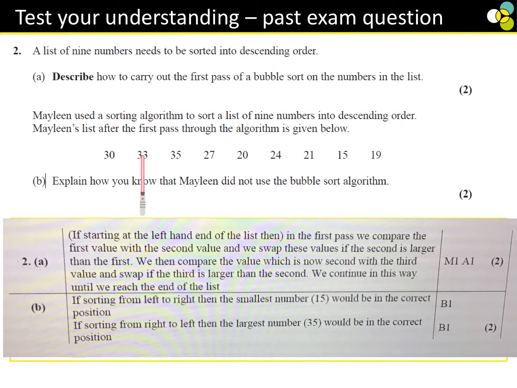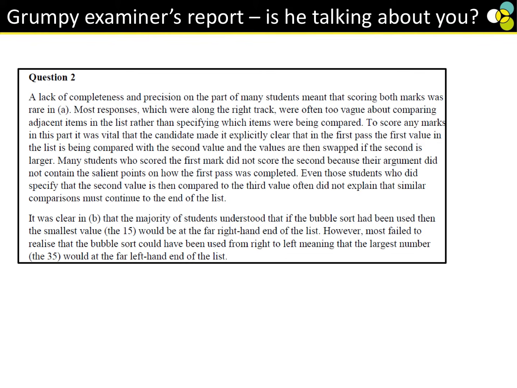If she'd have started at this end and worked this way, we know the smallest one would be here because we want the biggest one here each time. But if she'd have started from right to left, then the biggest one would actually be here, which is 35. So she's incorrect because she neither has the smallest one on the right-hand side or the biggest number on the left-hand side, okay?